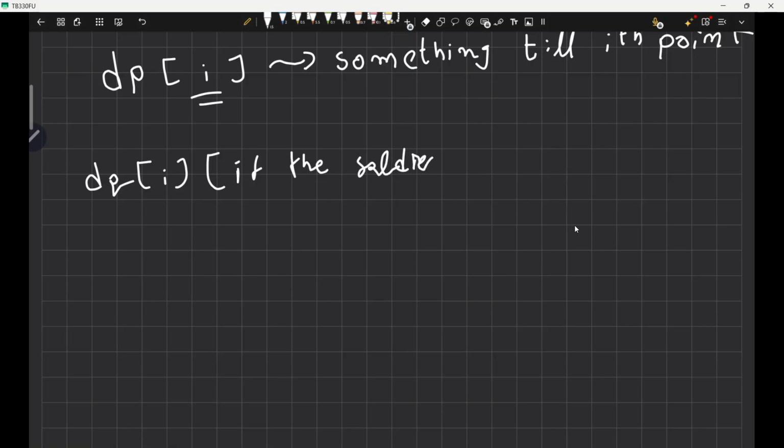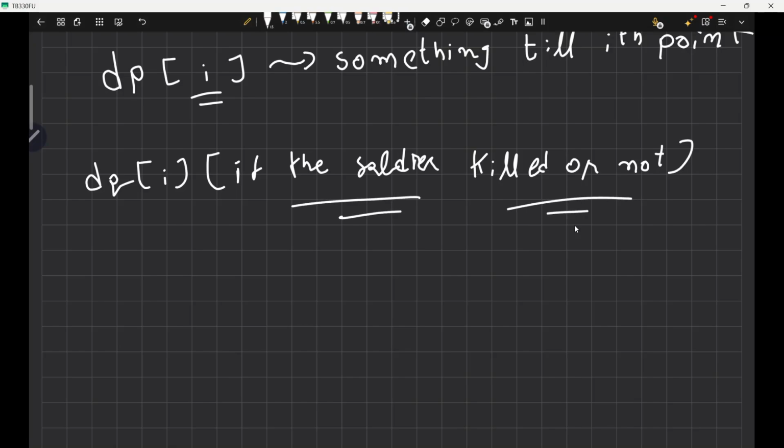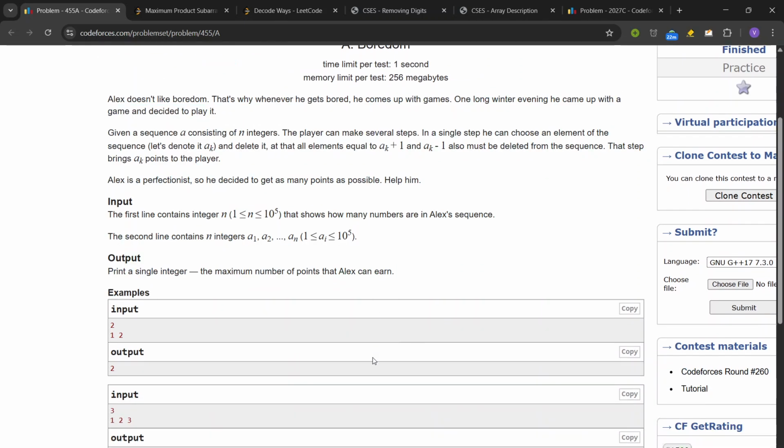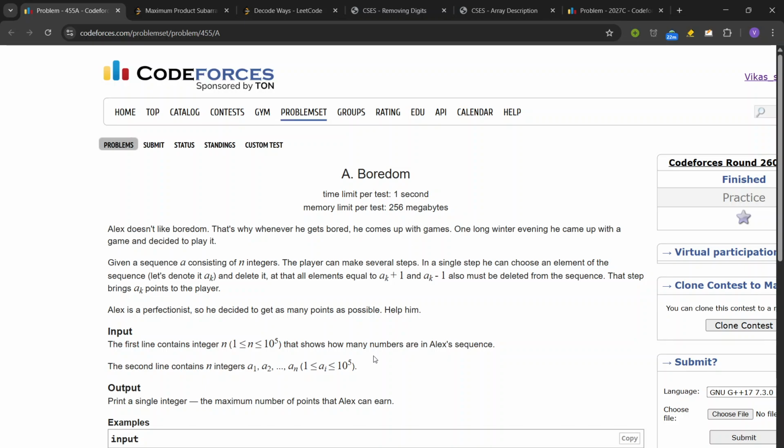So you need some extra data, killed or not, to get the answer of this. Okay, so for this, it is going to get into the 2D way. So we are going to see some question of this type also, right? Okay, so whenever you will see the question, you are going to understand what I was trying to say.